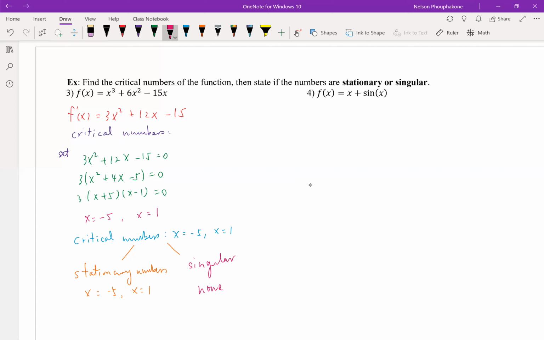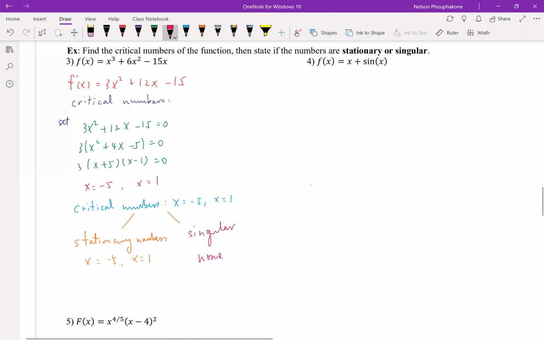Okay. Okay, so now it is your turn to do number 4 and number 5. Okay. Then, okay, so let's check our answer now. So I have f prime of x equal to 1 plus cosine of x.